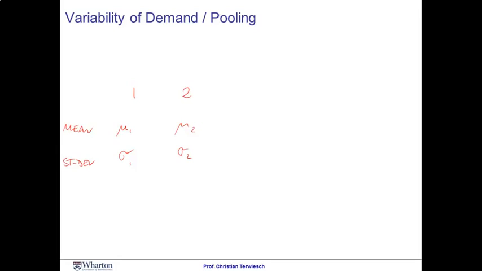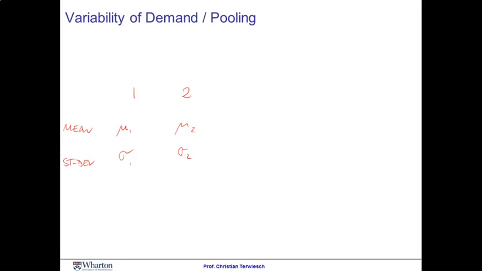However, sigma alone, the standard deviation alone, is not a good proxy for the amount of variability or uncertainty in demand. 1,000 running shoes standard deviation, is that a big number or a small number? That really depends on the mu, on the mean. If I have a 1,000 standard deviation for an expected demand of 2,000, we would probably call this a lot of statistical variation.